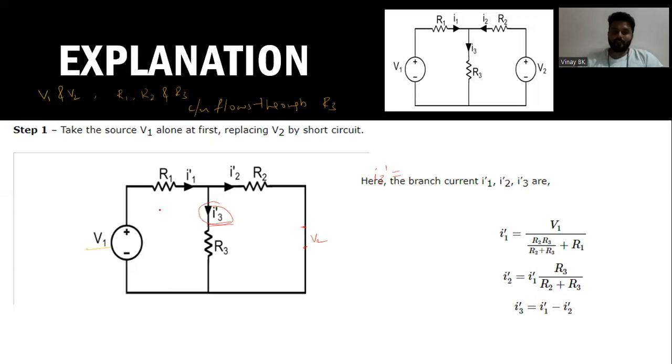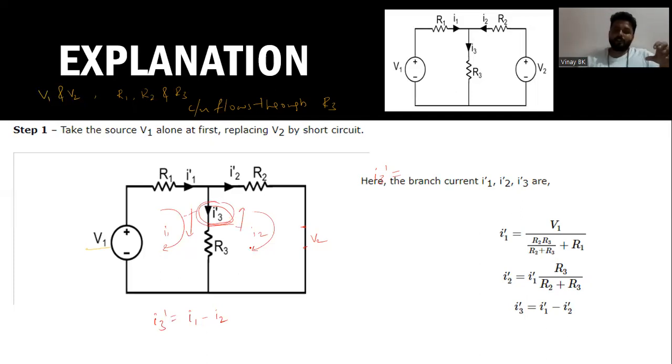If you take this as I1 and this as I2, then I3 dash will be nothing but I1 minus I2. Because I1 is flowing downward but I2 is flowing upward, I3 dash is nothing but I1 minus I2.